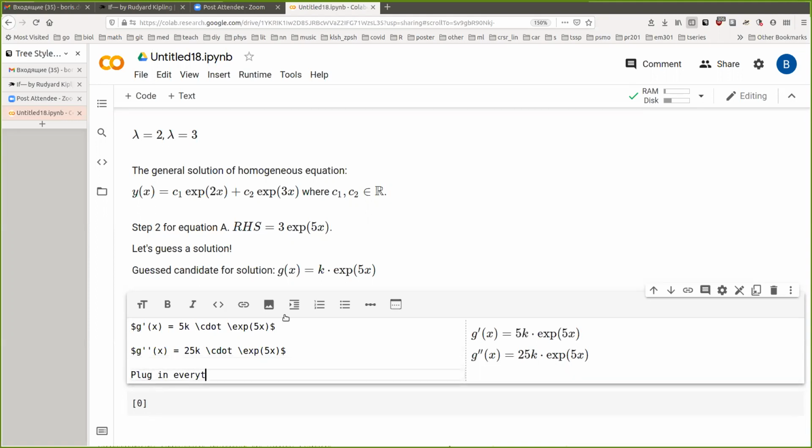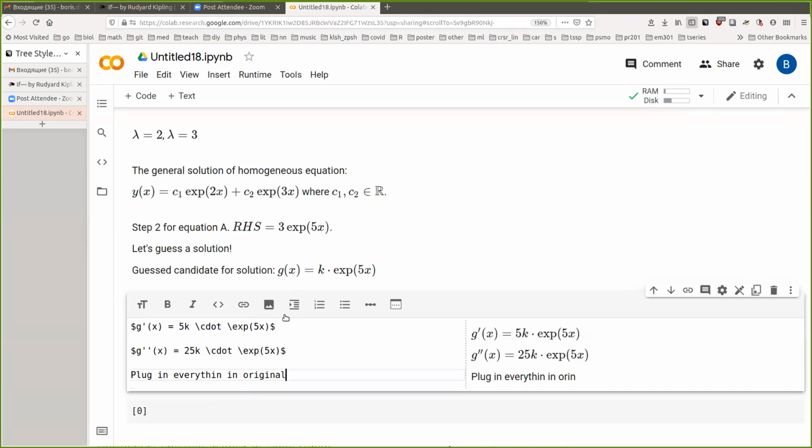And now I plug in everything in the original, not homogeneous, but original equation.